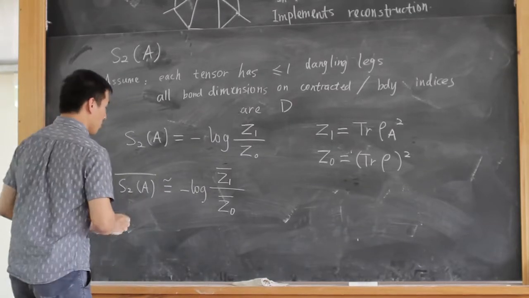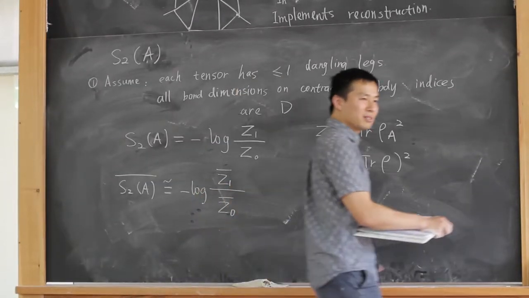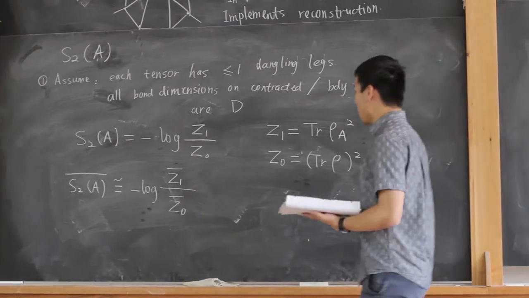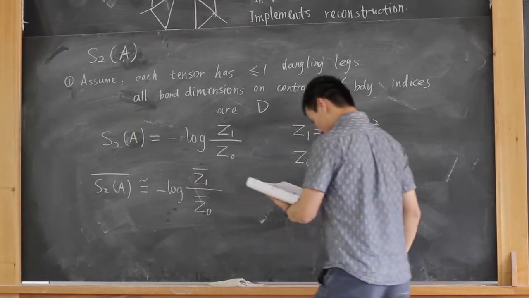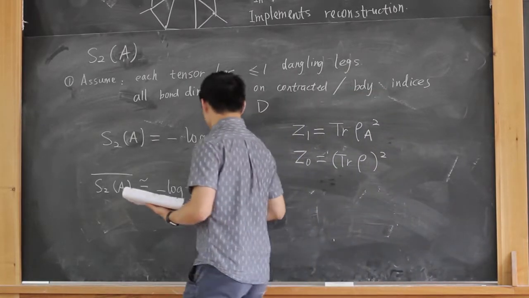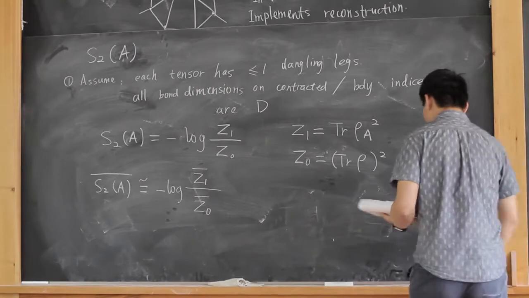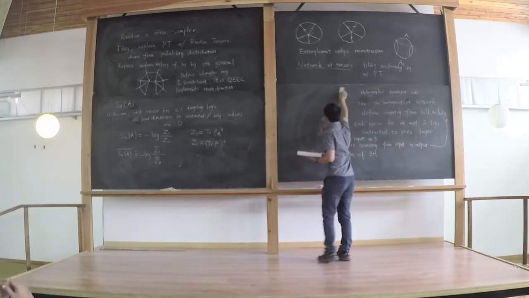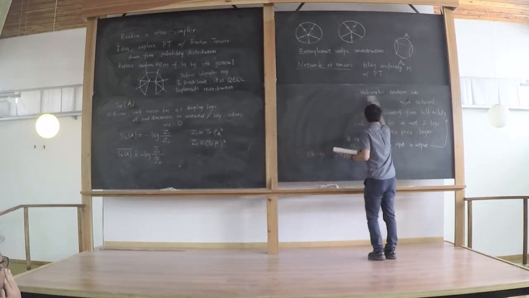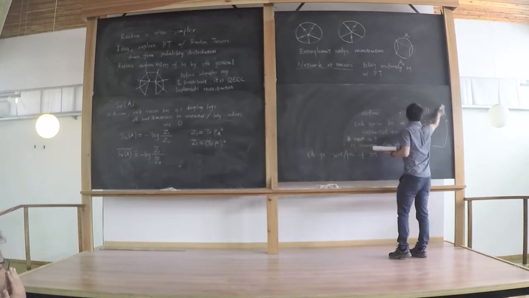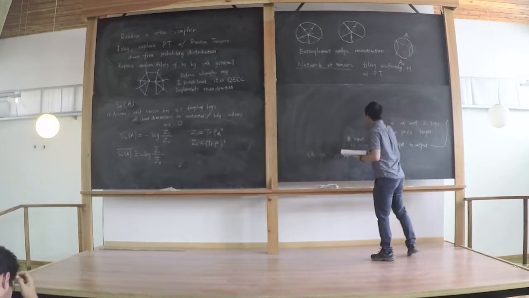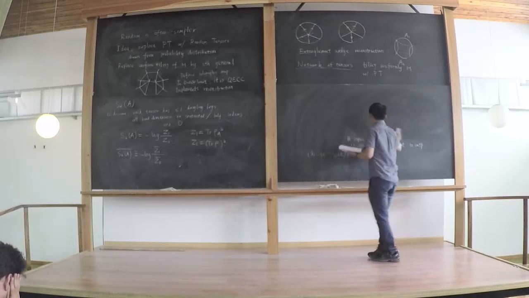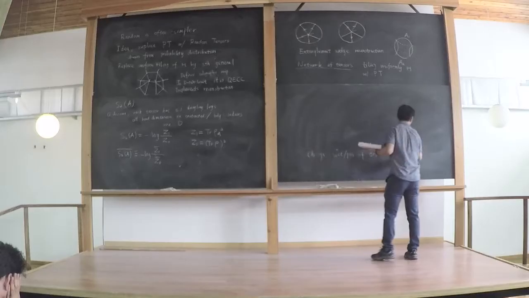Okay, so we're going to calculate this approximately by calculating the average of the partition functions, Z1 and Z0, and then taking the log. It turns out the averages of Z1 and Z0 are easier to calculate. Remember that when we calculate the second Rayleigh entropy, Z1 and Z0 are really partition functions on a doubled system.